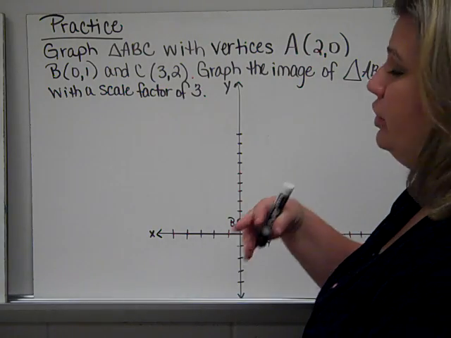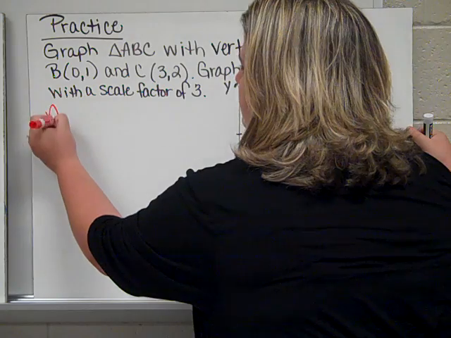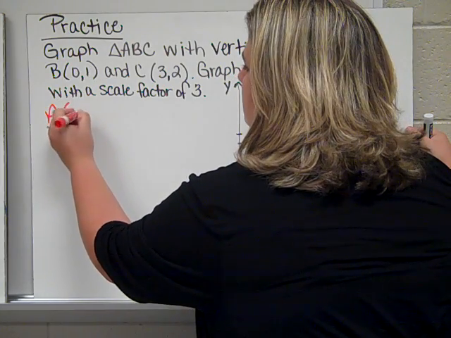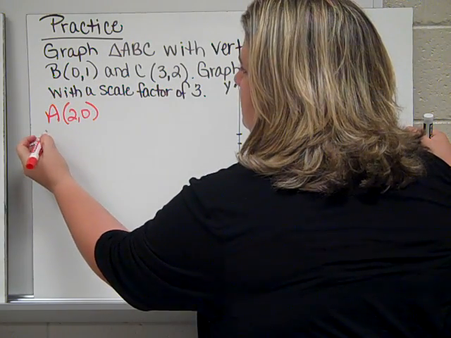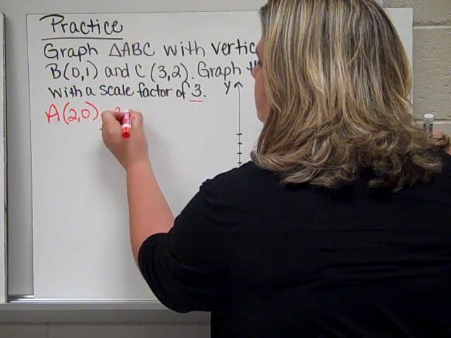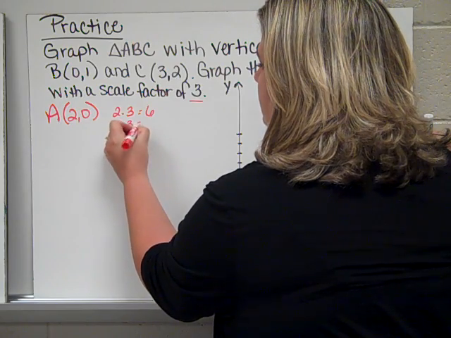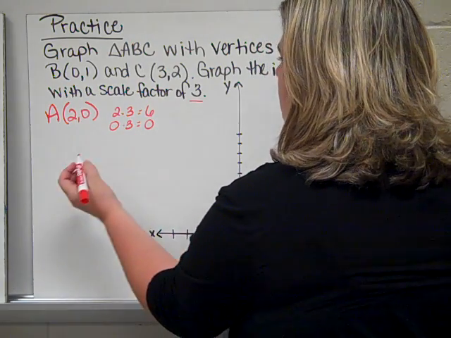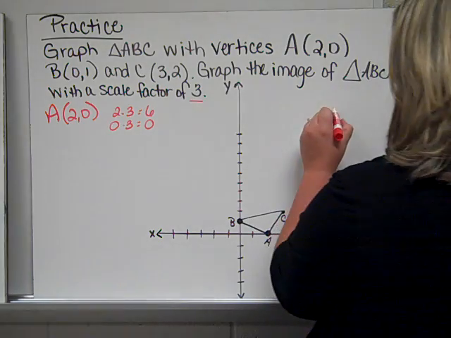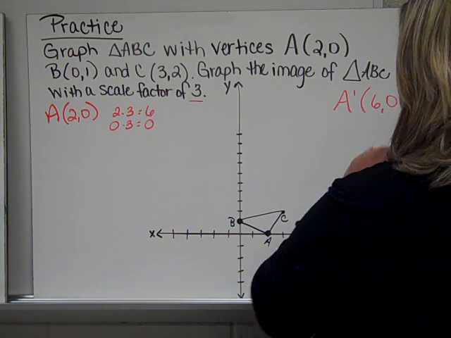Now we've got to get our new ordered pairs. So A, scale factor of 3, so 2 times 3 is 6, 0 times 3 is 0. So A prime is 6, 0.